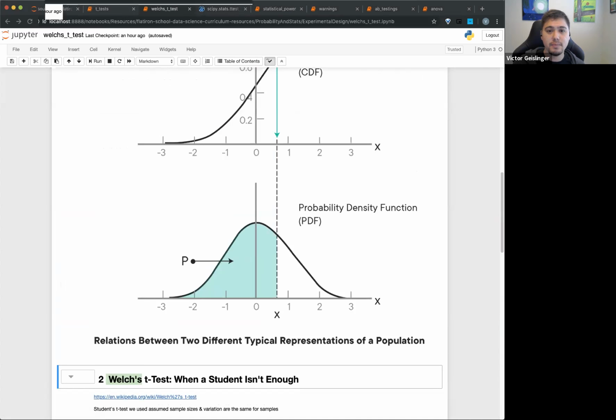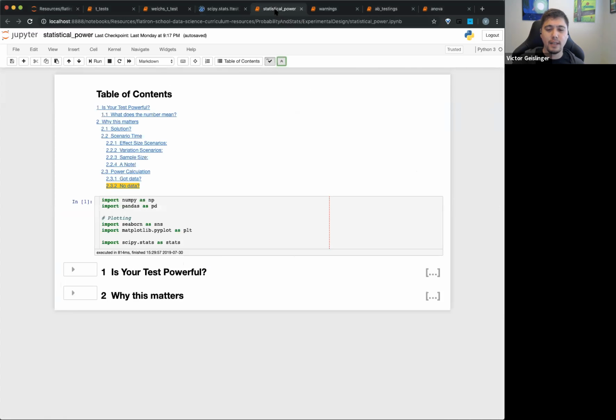All right, let's move on to our next part, which is statistical power. I think statistical power actually comes from section 21, which we were supposed to go over last time, but we skipped over it to get to Welch's t-test, which was more relevant to what we were doing. For statistical power, note that this basically relates to our false negative rate.